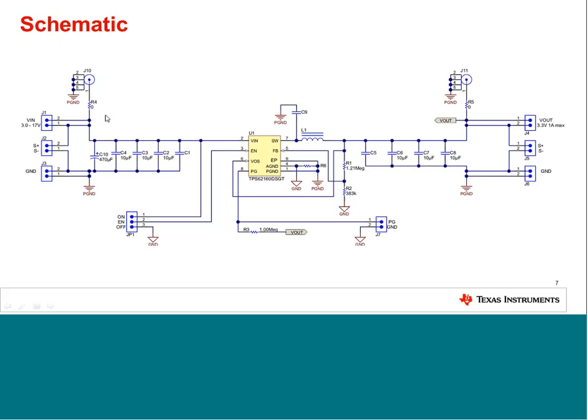I put in test points, so I have an SMA connector for measuring the noise or the ripple on the input voltage, same on the output voltage. The circuit here is configured to provide 5 volts, and the typical switching frequency of this device is in the range of 2 megahertz.